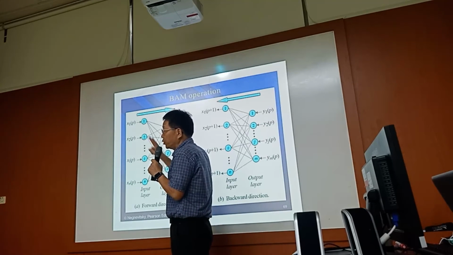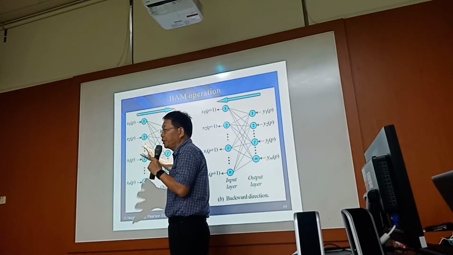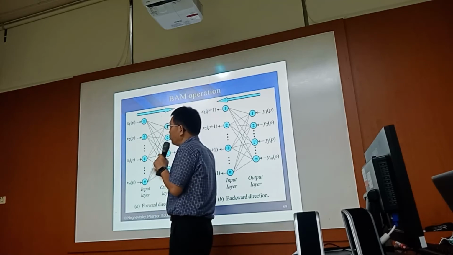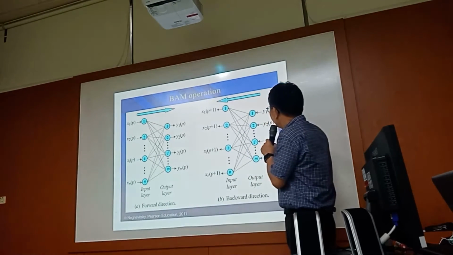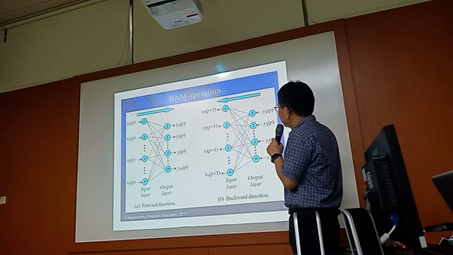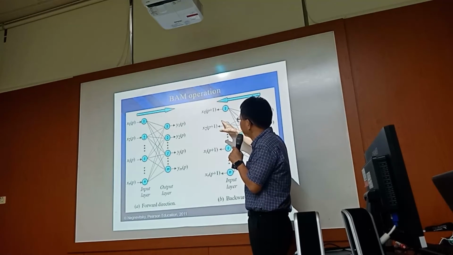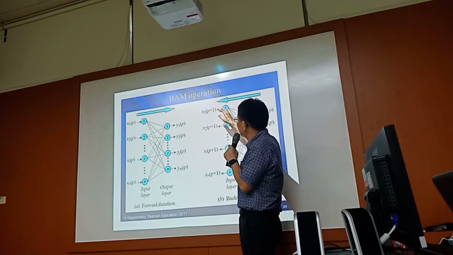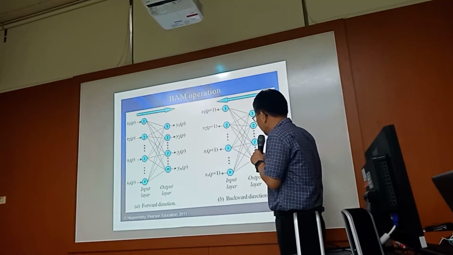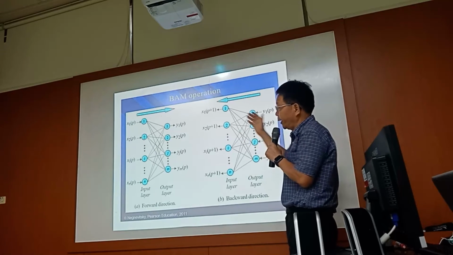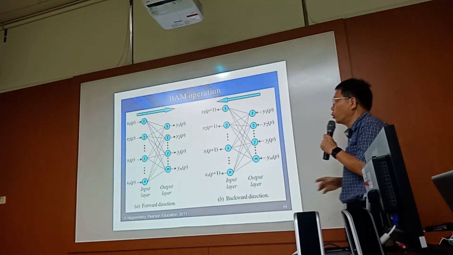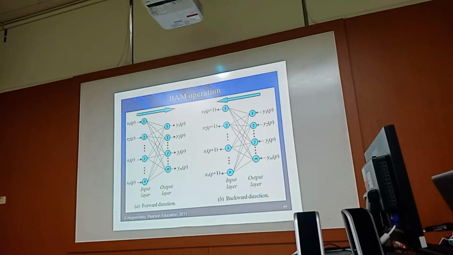This type of structure has only two layers, no hidden layer, just input and output. Then it calculates from here, takes the input and repeats this forward and backward operation, just this type of operation.